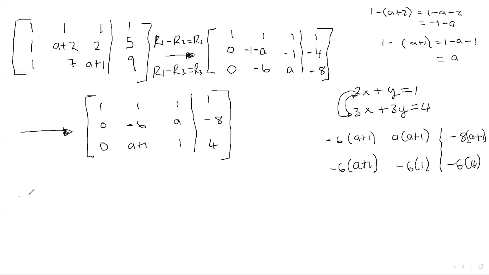So here 1 1 1, I've already used this one, it stays the same, and I'm using this one, it stays the same. And then I come here on the side, minus 6 plus, minus 6 minus 6. That's how I'm gonna get a.